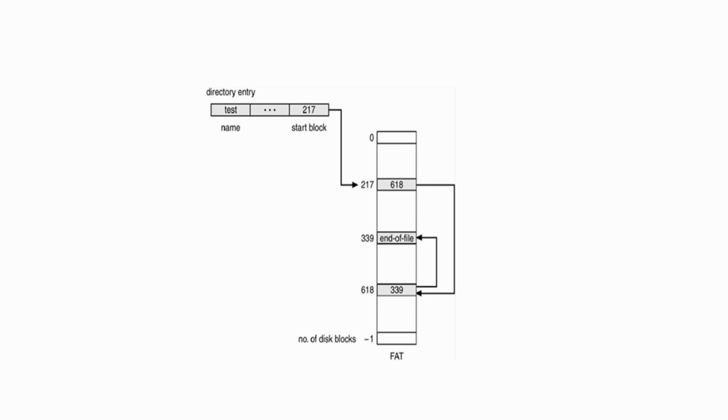Then we go to 339, and we find that the value here is end of file. So by far we have found all the data blocks for this file. There are 3 data blocks, and then we can go to the data blocks to get the content one by one.